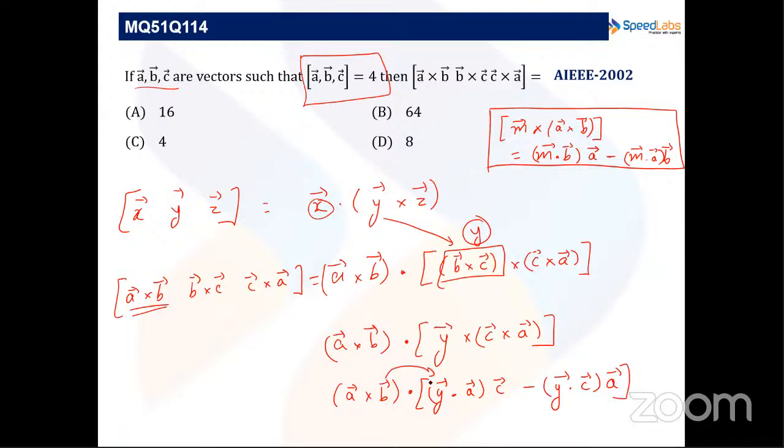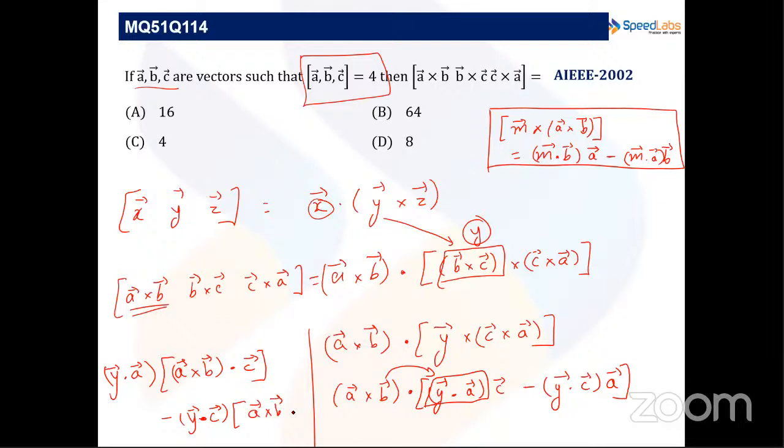Now see, if you multiply this, we will get y dot a, which will be a scalar value because it is a scalar quantity, and we have the vector c separately. So that will be y dot a separately and we will have a cross b dot c, and here minus y dot c, and it will be a cross b cross a.